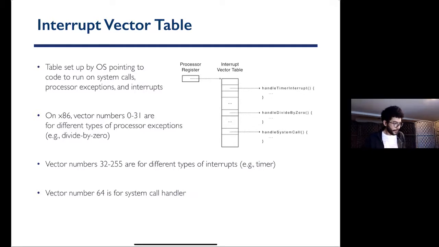For that, different architectures provide an interrupt vector table. What is an interrupt vector table? This basically is a region of memory that hardware has designated for it. If you ask me what it is, it's just a region of memory.